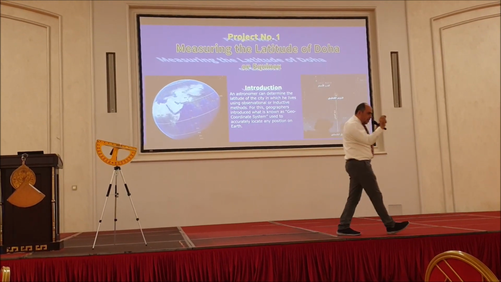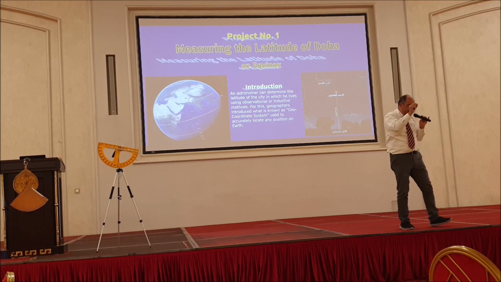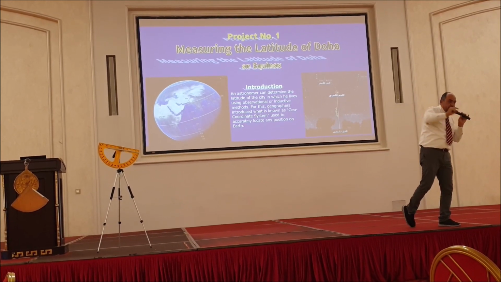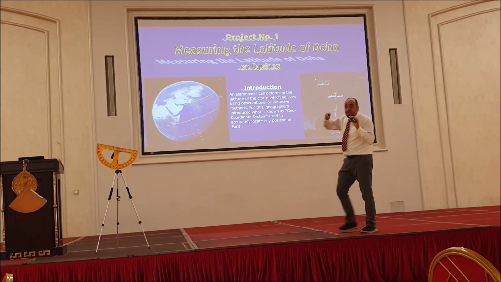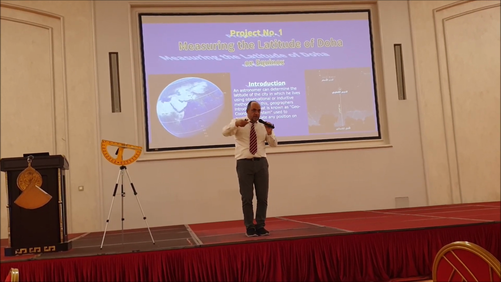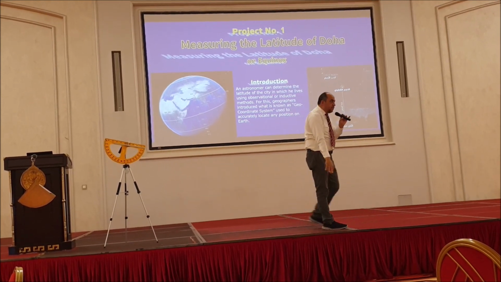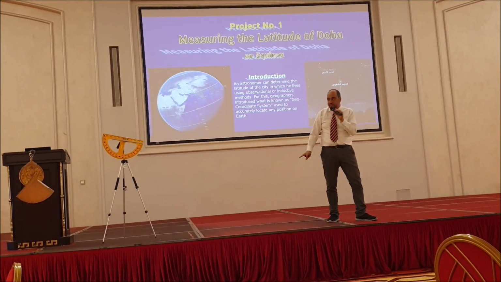Almost, because Polaris itself is not exactly located at the celestial pole. It is a little bit deviated. But almost, when you measure the height of Polaris, it is the latitude of your location or your city.